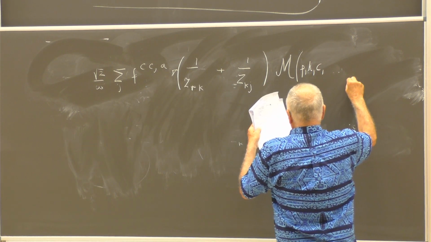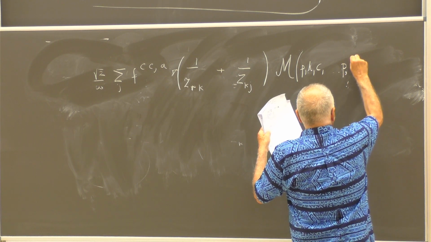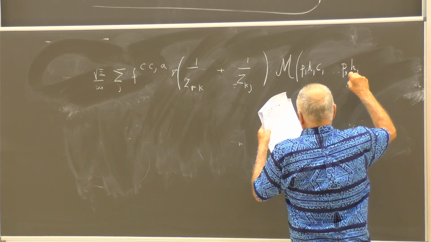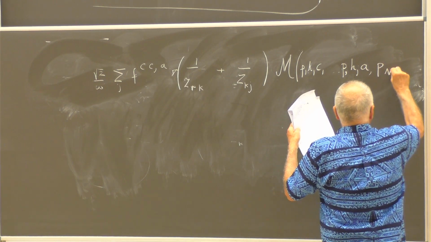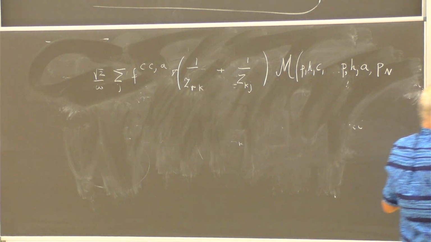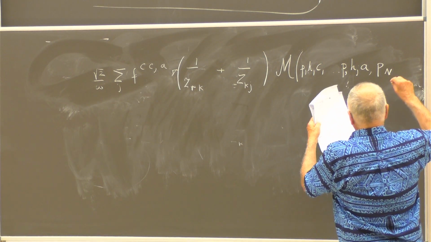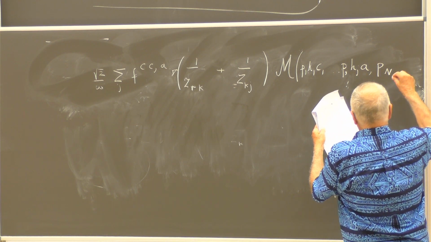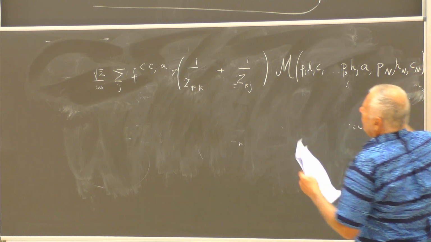The J1 now has the same, the original helicity. The only thing which is affected is the color index. Okay?